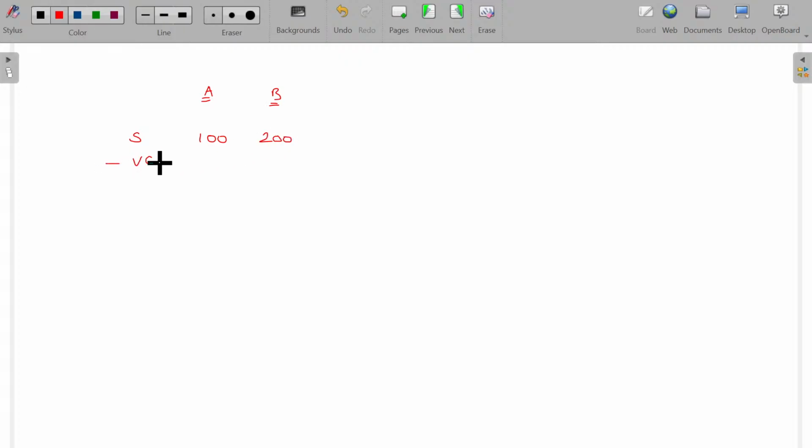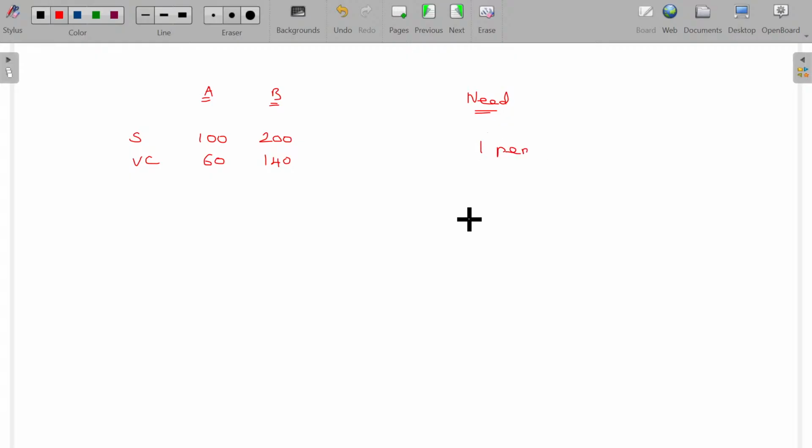And variable cost per pen in case of A is 60 rupees, and in case of B, 140 rupees.